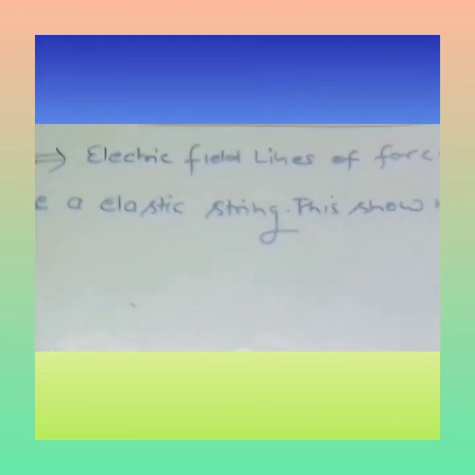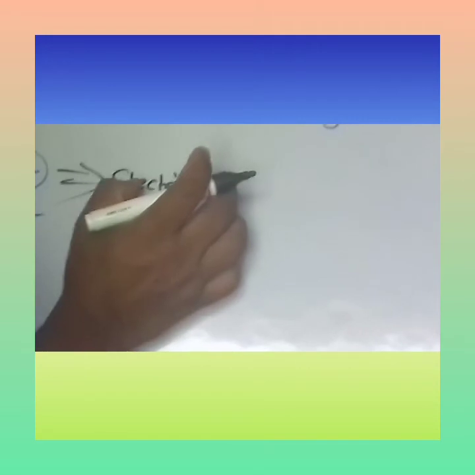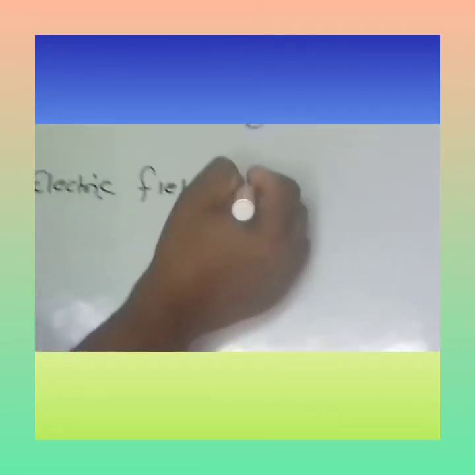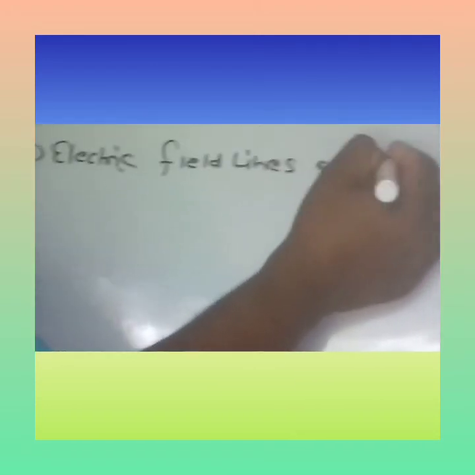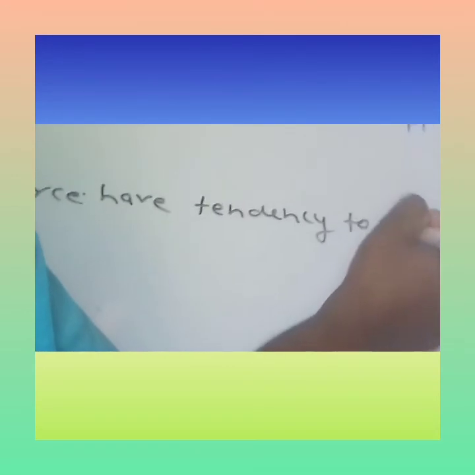Come on, the seventh property. Look here. Here I will tell you electric field lines of force have a tendency to repel each other.